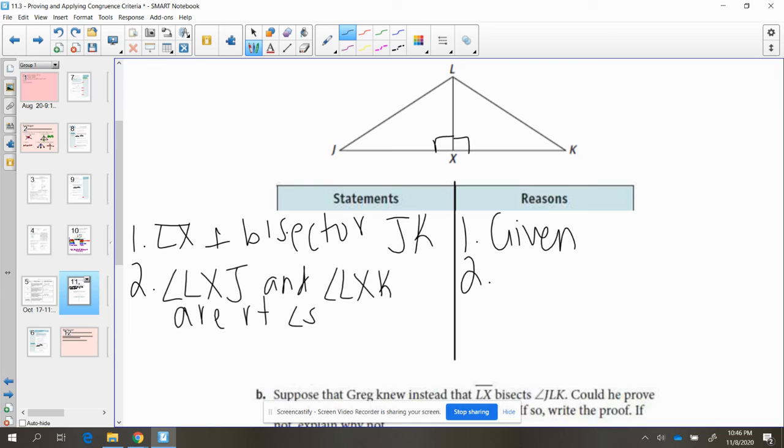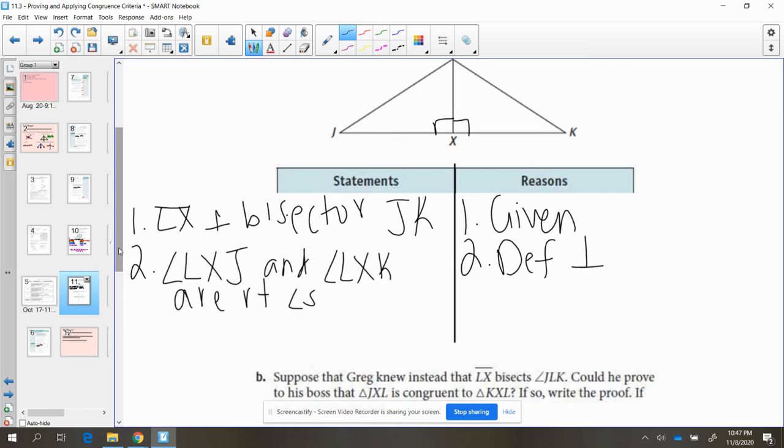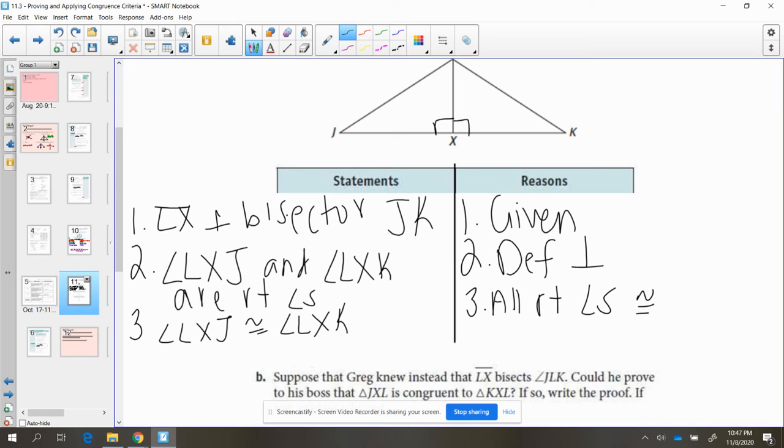So because of this information, we know this is going to be true because of the definition of perpendicular. Now the next thing we know here is that all right angles are congruent. So we could say angle LXJ is congruent to angle LXK because all right angles are congruent.